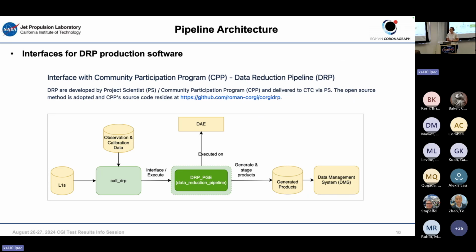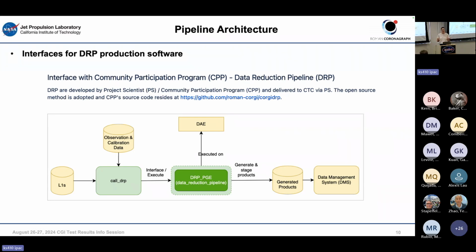Now, here's the interface for the data reduction production software. This interface is nicknamed the Watchdog, and it's going to be fed by L1 data and observation and calibration data. Basically, it will monitor for the arrival of L1 data.